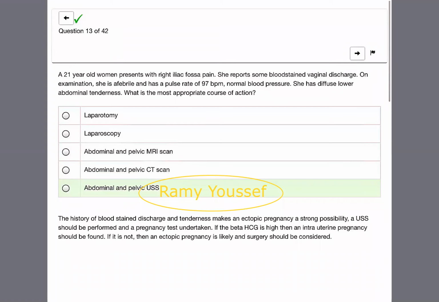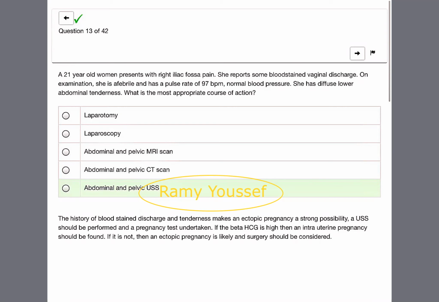And the scenario will tell you right hypochondrial pain with vaginal discharge, and the patient had PID a few weeks ago, and the pain will be perihepatic fibrosis or perihepatic infection from PID, Fitz-Hugh-Curtis. So with any vaginal discharge, you have 2 answers, either PID or Fitz-Hugh-Curtis pain.